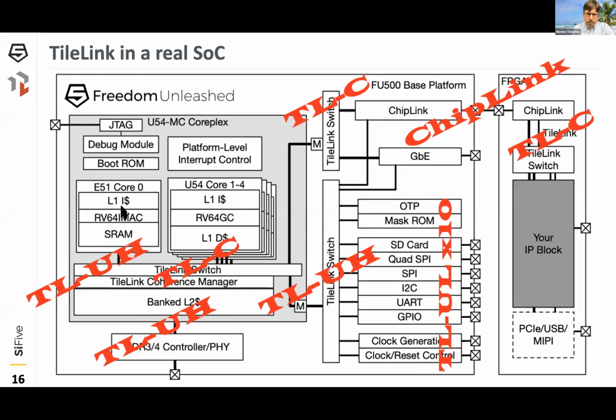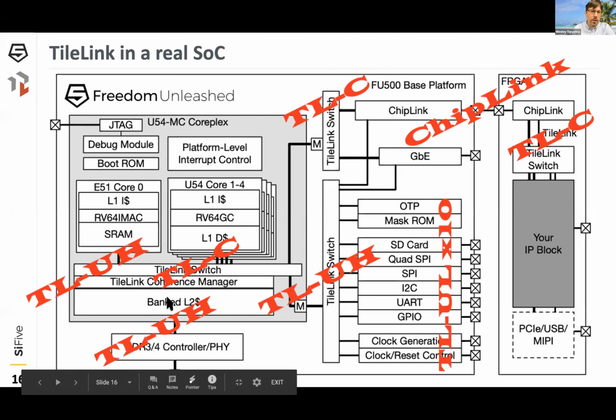So between the cores, the U cores, these are Linux-capable cores. When they talk to the L2, they're speaking the coherent version of TileLink on these edges here. And the E core is a management core. It doesn't have caches. The iCache doesn't really count, but the iCache isn't usually kept coherent in RISC-V. So this is just the uncached protocol. When you get on the backside of the L2, you're speaking the uncached version again.